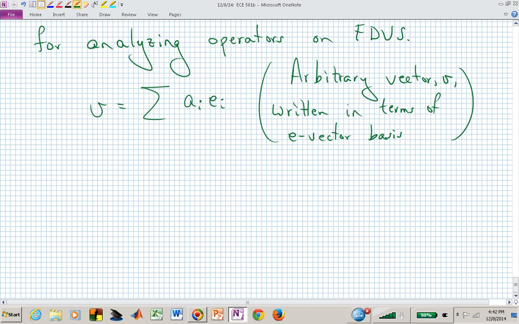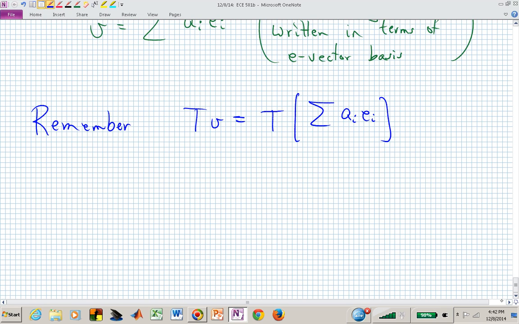If that's the case, now what happens when we process that through this operator T? What happens when we look at Tv? Now we have T operating on this sum of a sub i, e sub i's. The a sub i's are scalars. Those can come out of the summation. Now we have this sum of T e sub i's.